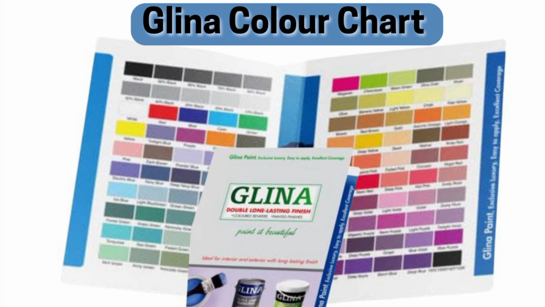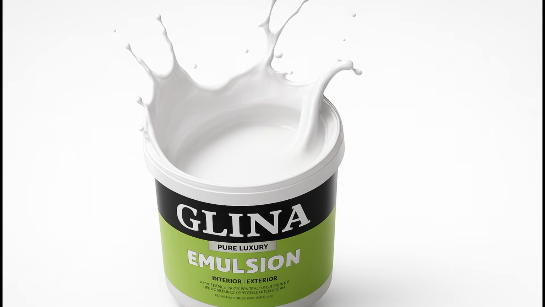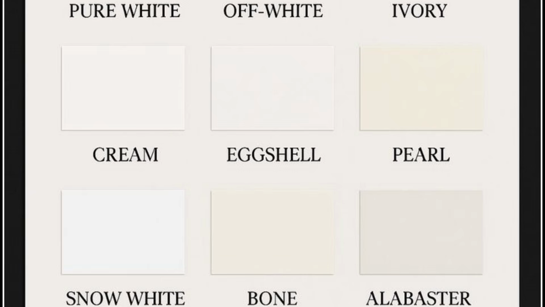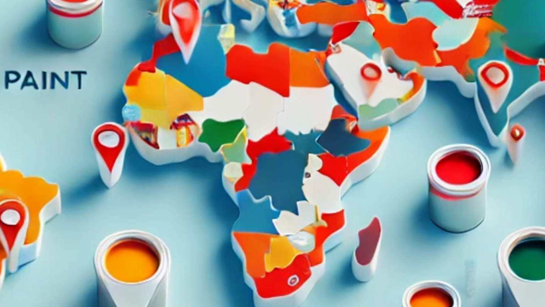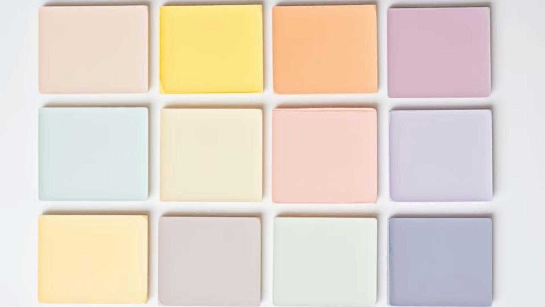So let's quickly recap what we just learned. Remember, Dulux Paint, the RAL, the NCS, and the Pantone are the world's toughest systems. Now, in Nigeria and other African countries, they use a 4-digit simplified version.